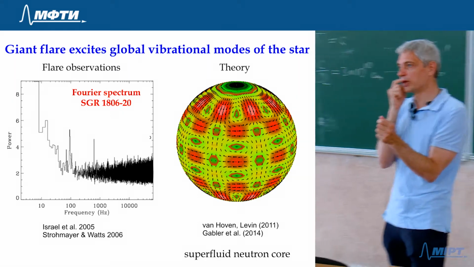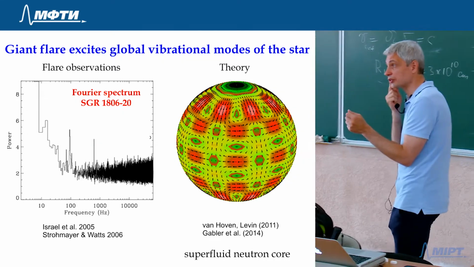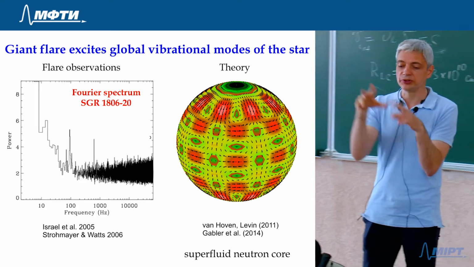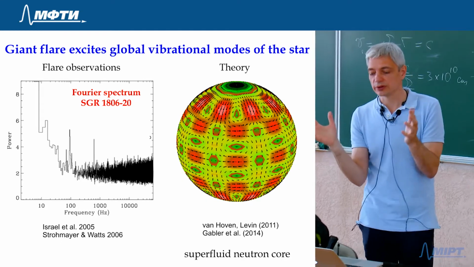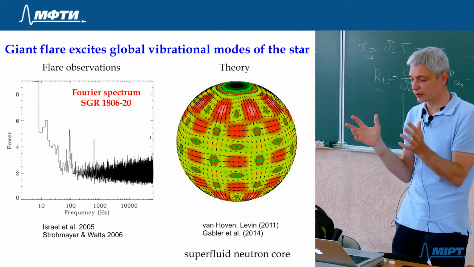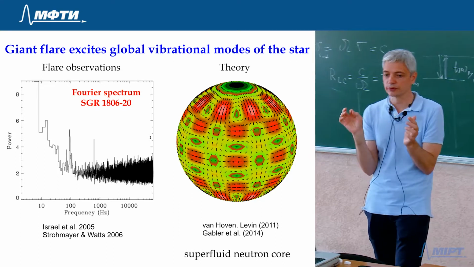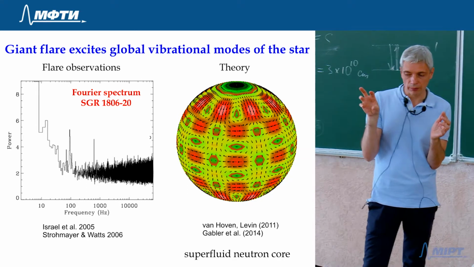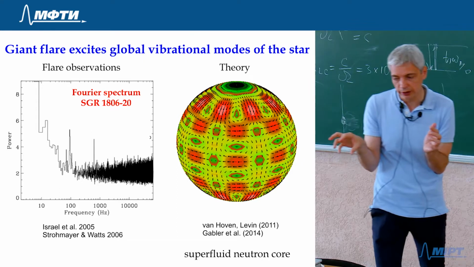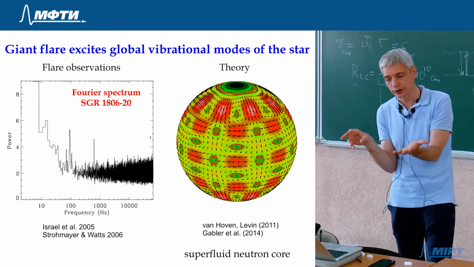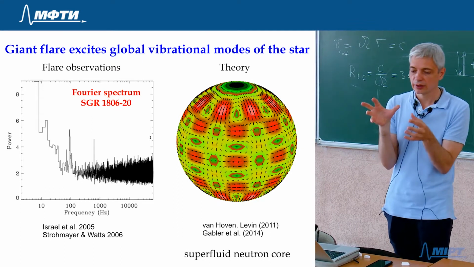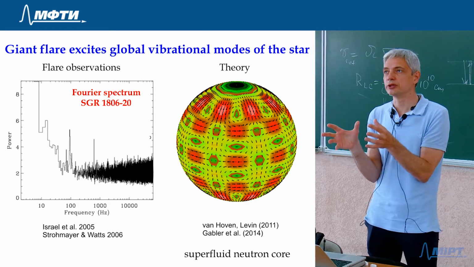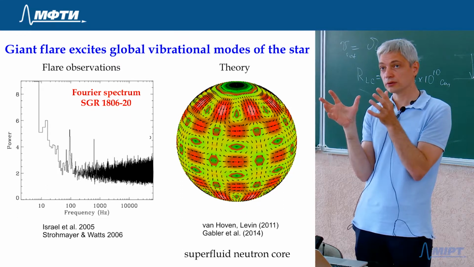Then you have to think about how to describe these eigenmodes, what their spectrum would be. So it developed into a subfield in this field. And I think the main conclusion from there, the most interesting, is that by comparing the predictions from theory for the eigenmodes with the observed QPOs, you find a huge hint, basically evidence, for superfluidity inside the core.